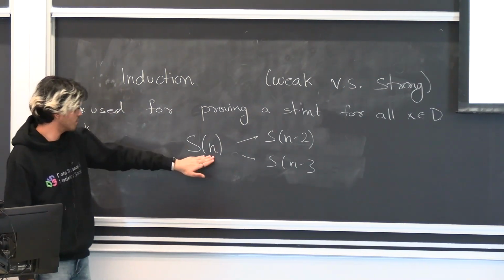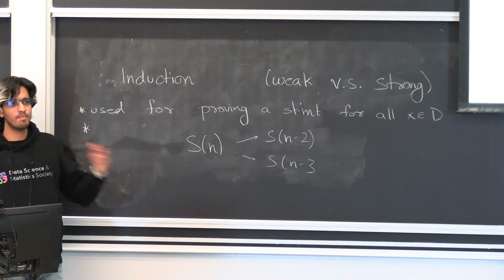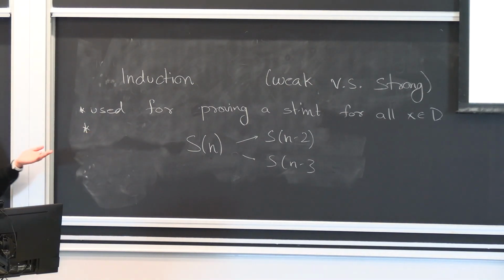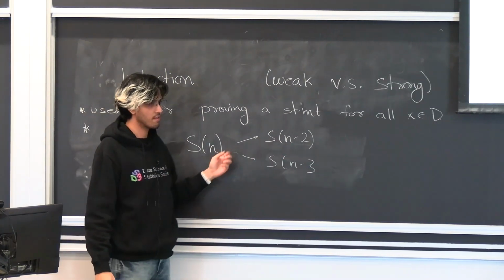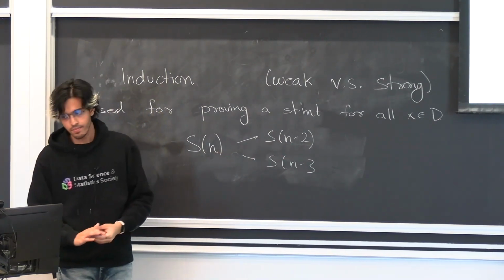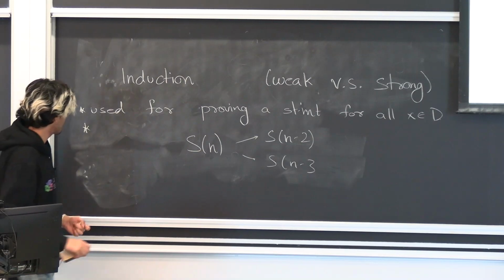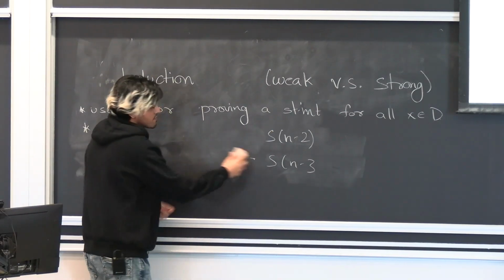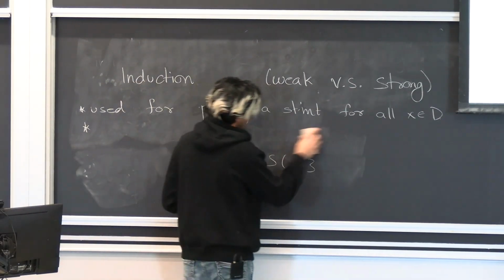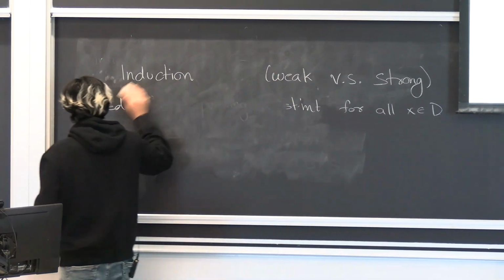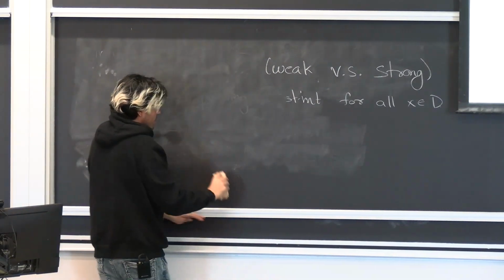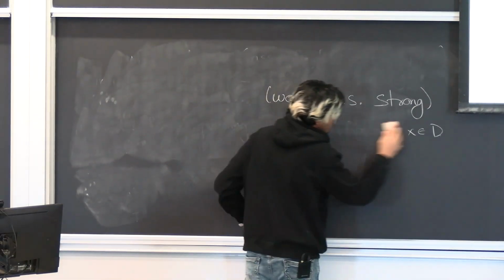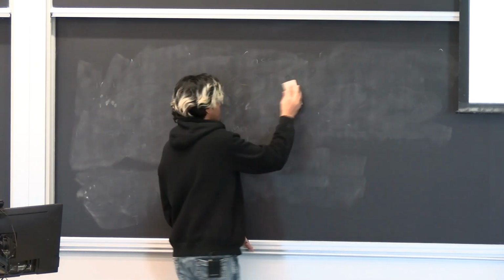If the truth value of S of n is independent of every other truth value, S of n minus 1, n minus 2, you can't use induction. There's nothing that would allow you to show that if these two are true, then this is true, right? So you want to use induction in cases where you can see that there's a relationship between the truth values of the predicate for certain elements in the domain.